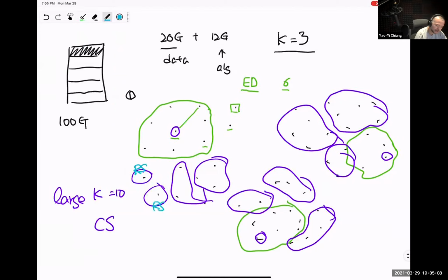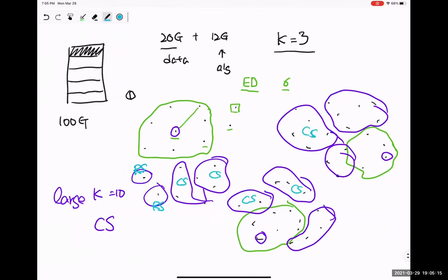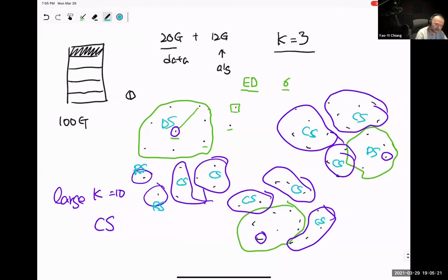These are your RS, this is your CS, CS, CS, and these are your DS. All right, very good. Now you are done with your first load of the data points.